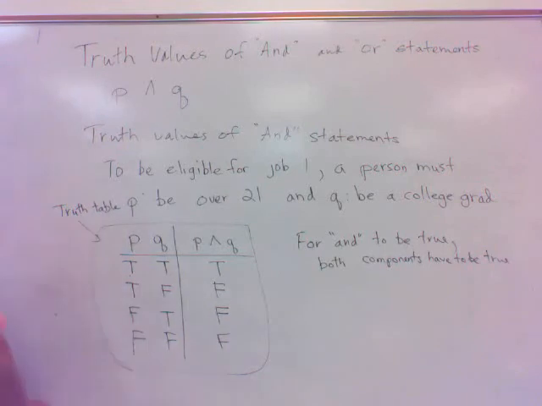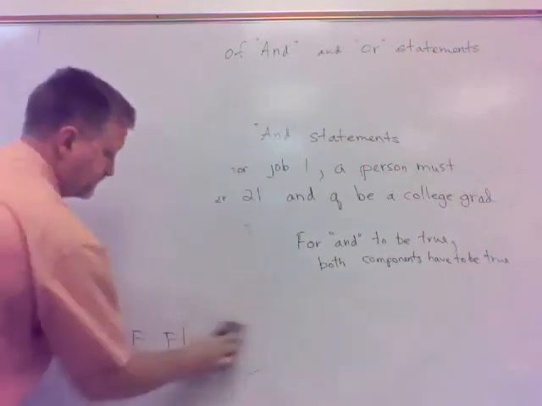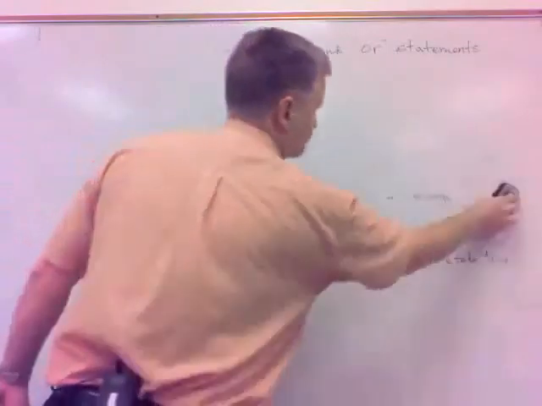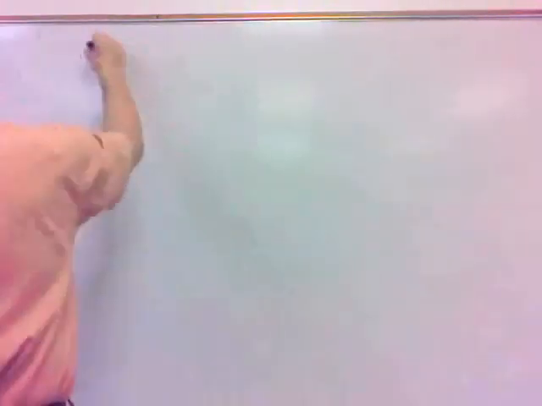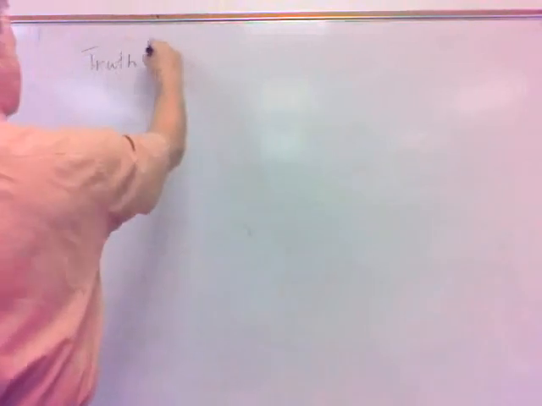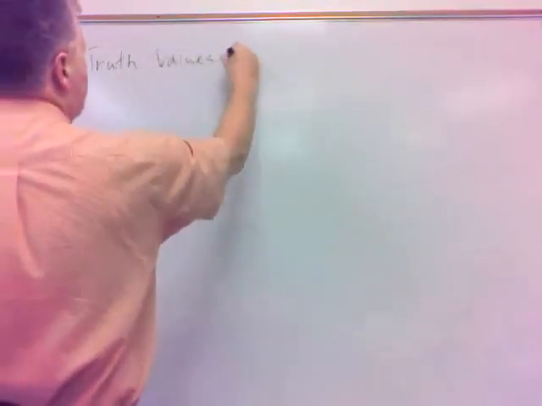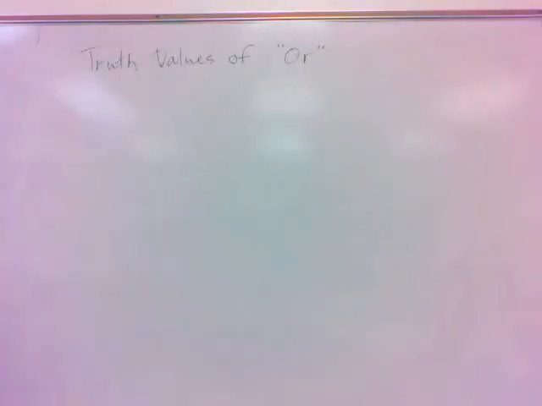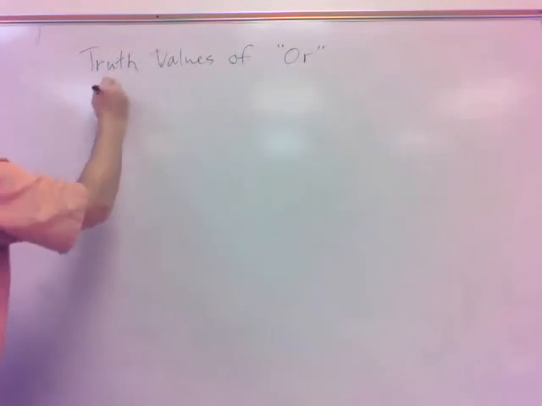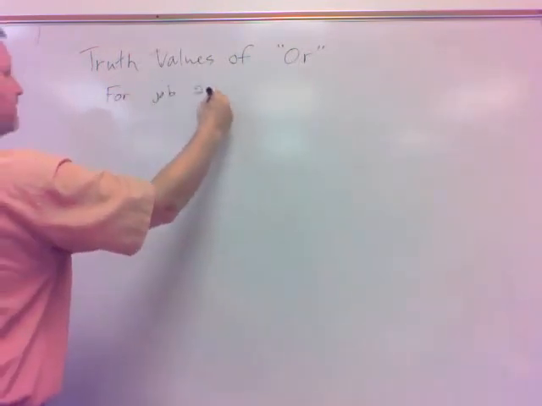Let's talk about or. All right, so we're doing the or statement. The symbol is the V shape, but let's say for job number 2, we got another job opening here.